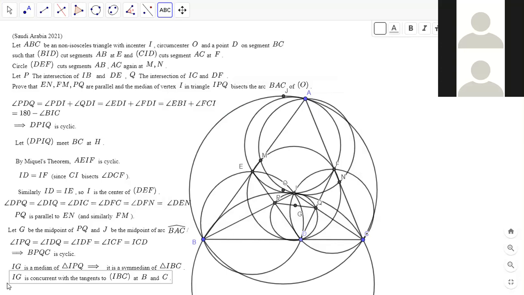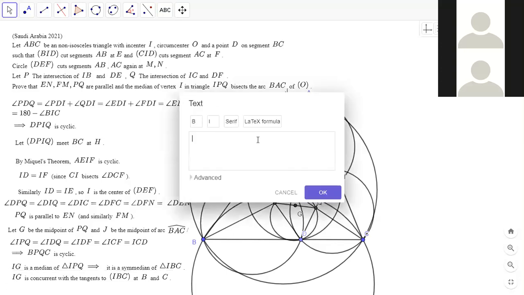So IG passes through J. That implies that the I median of triangle IPQ bisects arc BAC.